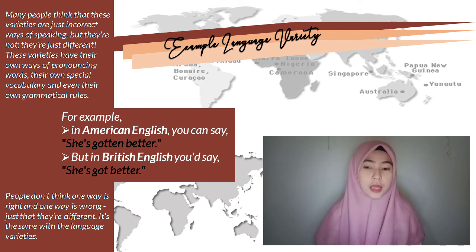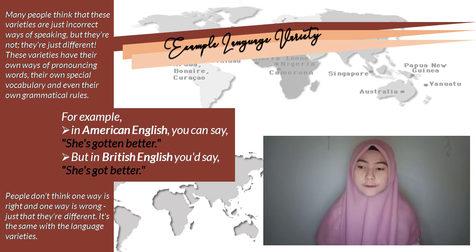For example, in American English, you can say, she's gotten better. But in British English, you say, she's got better. People don't think one way is right and one way is wrong, just that they're different. It's the same with language varieties.